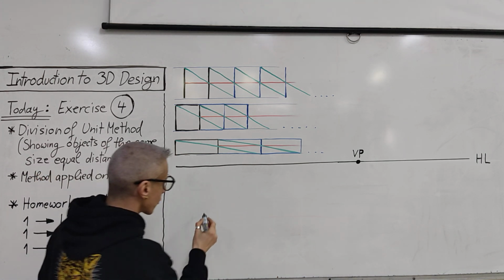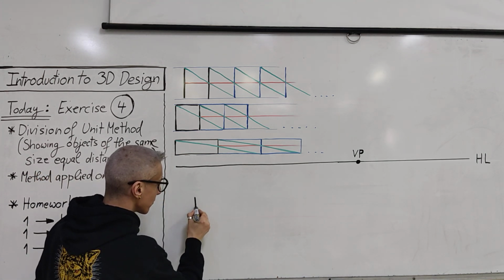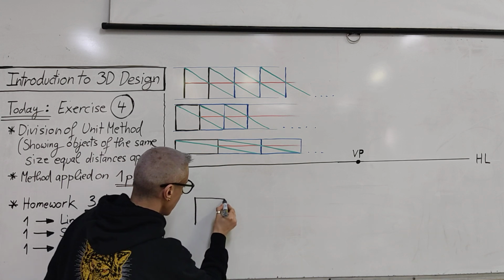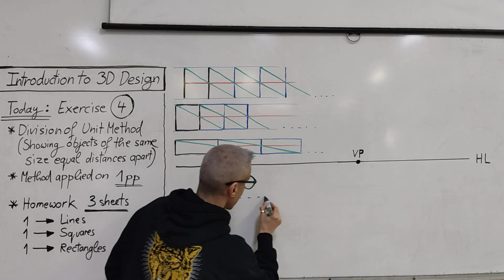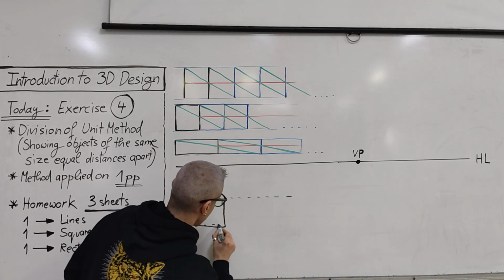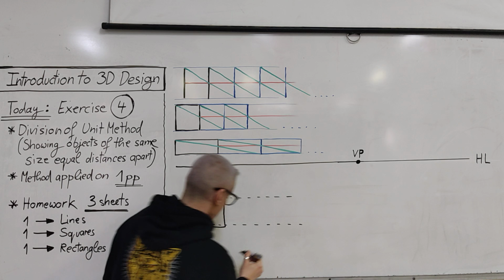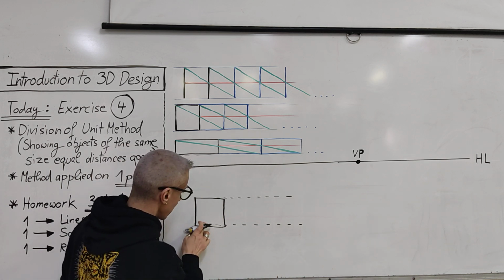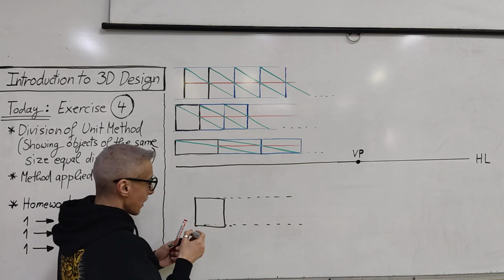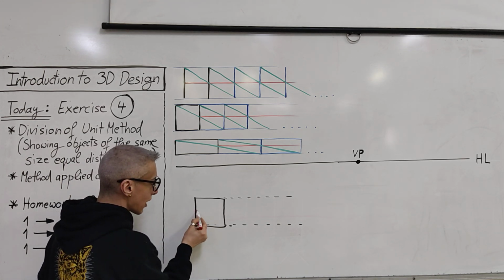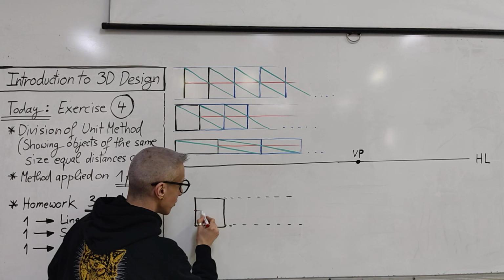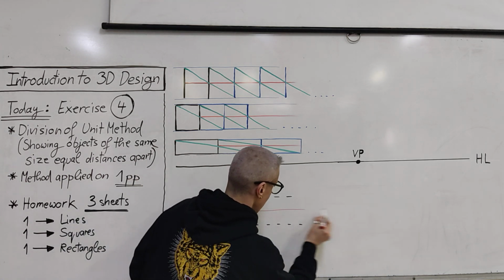So let me just draw a square so you can see. What if we have a square? Again, I will put here a line going, and here a line. Now, again, we have to select the middle of this line, and we put this line here.